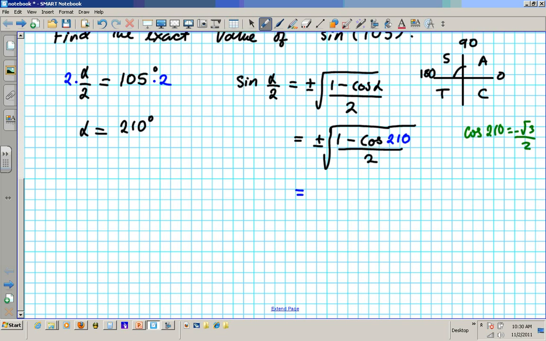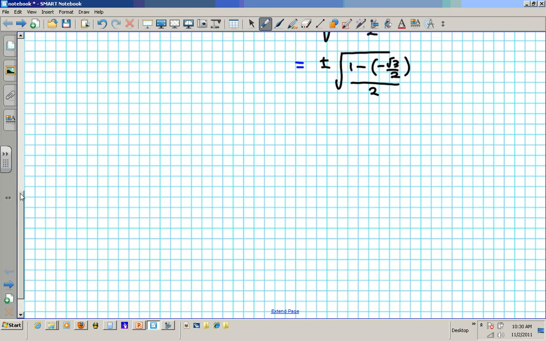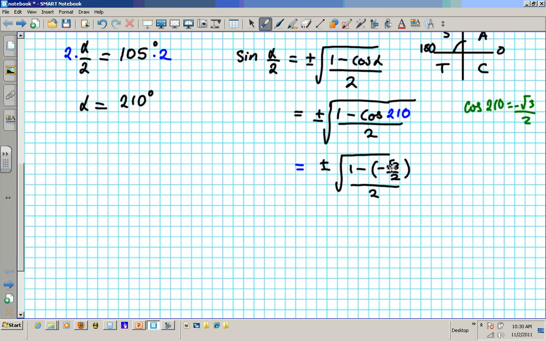So now we're going to have plus or minus the square root of 1 minus negative root 3 over 2, over 2. Now let's work on this fraction right here. Oh, we don't need plus or minus anymore. We can just keep it as plus because we're in the second quadrant.